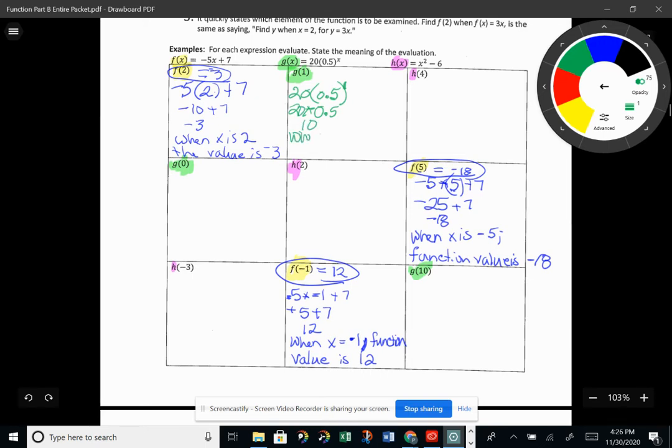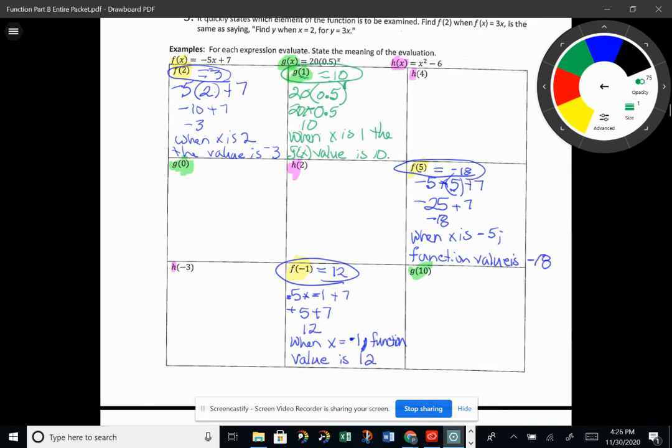So when x is 1, the function g's value is 10. When I input 1, that value is 10.